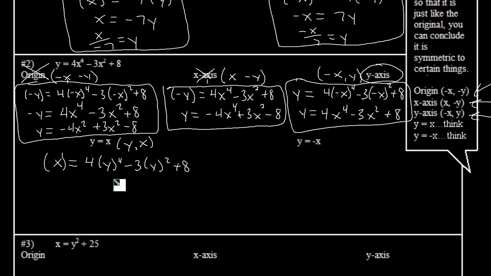Now the original has y by itself, so we have to somehow get y by itself here. Simplify this first. These parentheses have no value in this problem, but it is something I want you to do because sometimes the parentheses matter. This particular part doesn't.